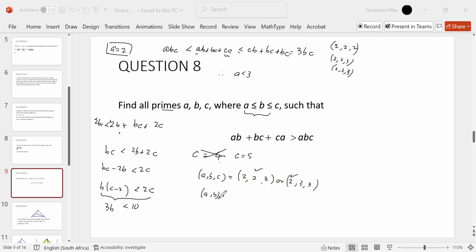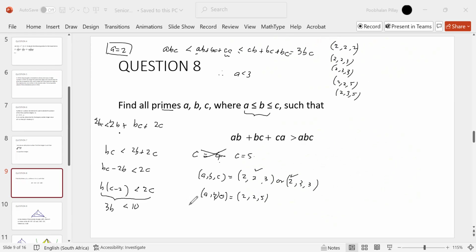So you'll have that ABC is equal to 2, 2, 5, and 2, 3, 5. Both of these work because B is either 2 or 3. You can try them, substitute, and you'll see it works. So it looks as if everything works.